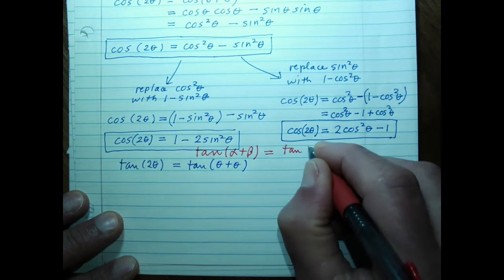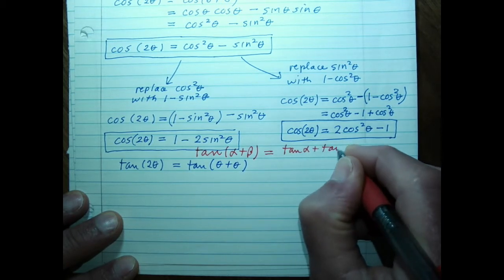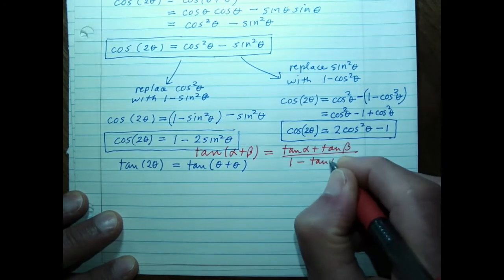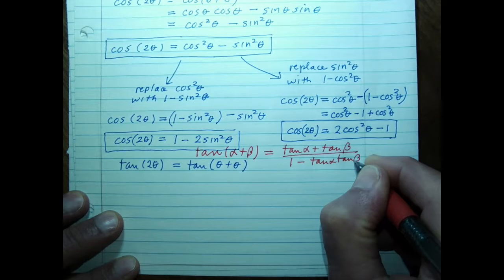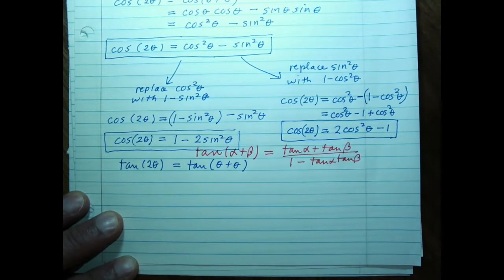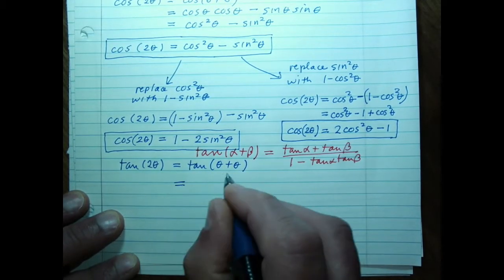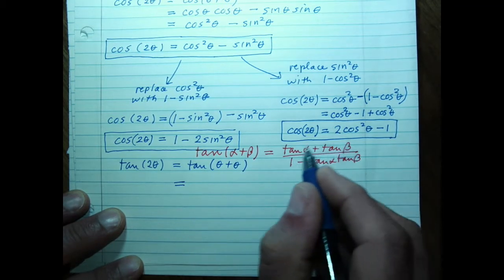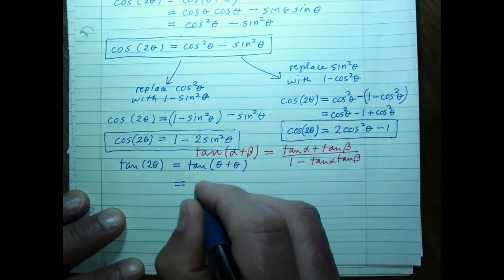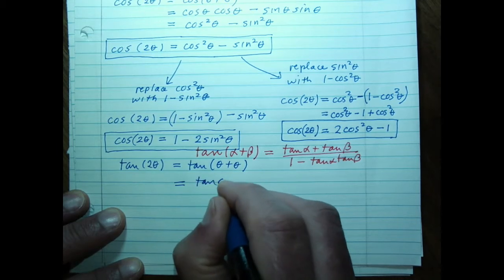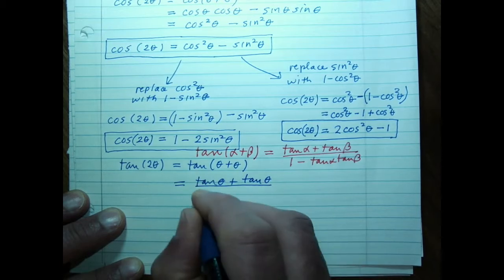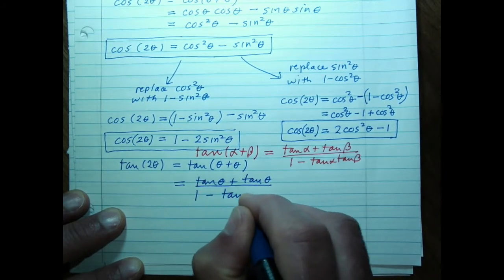It was a fraction, tangent alpha plus tangent beta over 1 minus tangent alpha times tangent beta. So here I'm going to replace both alpha and beta with theta and copy down the right-hand side of that identity, tangent theta plus tangent theta over 1 minus tangent theta times tangent theta.